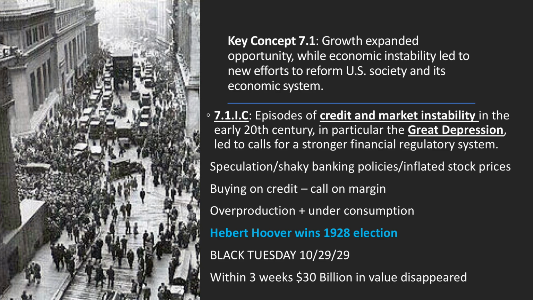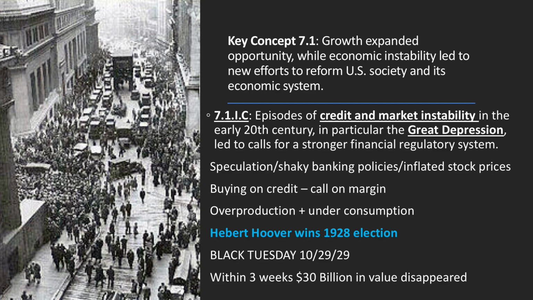Now we go into the 20th century. Here in 7.1, Roman numeral 1, letter C, it talks about episodes of credit and market instability constantly going on even in the early 20th century. There's actually a panic of 1907, sometimes referred to as the Roosevelt panic. That would be Theodore Roosevelt.